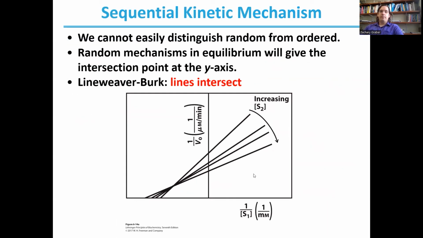Now, if we were to measure the rates based on the change in substrate concentration for a kinetic mechanism, we'd actually be able to easily distinguish these based on the shape of our Lineweaver-Burk graphs. So this is one of the advantages of that Lineweaver-Burk graph, is it actually tells us something about our mechanism even beyond just that Km and Vmax value.